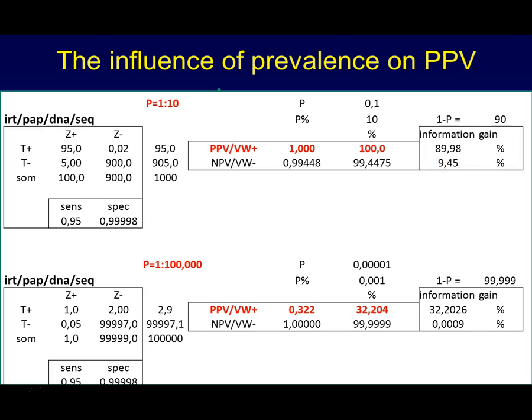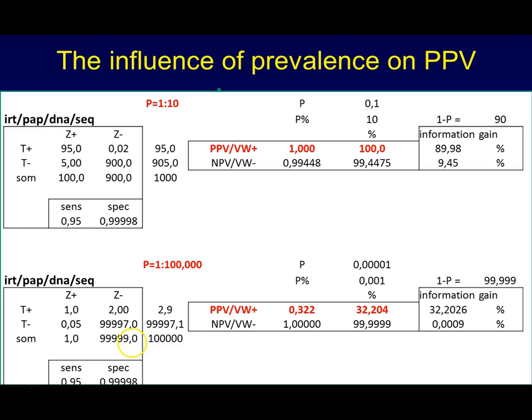When we apply the same test with a population with a prevalence of 1 out of 100,000, we see that we have one subject with CF. Statistically, it is diagnosed. There's a small proportion of subjects with the disease that are not diagnosed. However, there are 99,999 subjects without the disease.